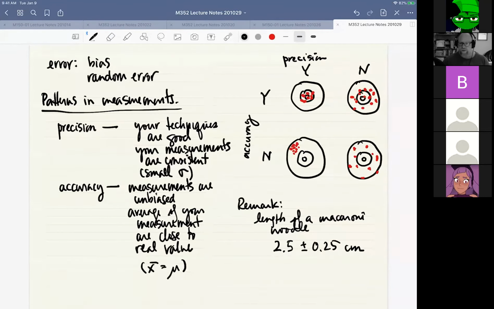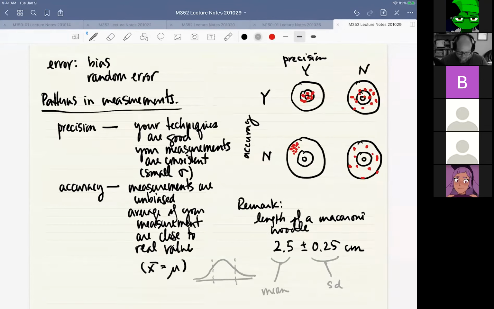So when the book writes something like this, I want to make sure that you understand that this number right here is meant to be the mean of the measurements of the lengths of the macaroni noodles. And this number right here is meant to be the standard deviation of the lengths of the macaroni noodles. And by writing it this way, we'll see this occurs multiple times.